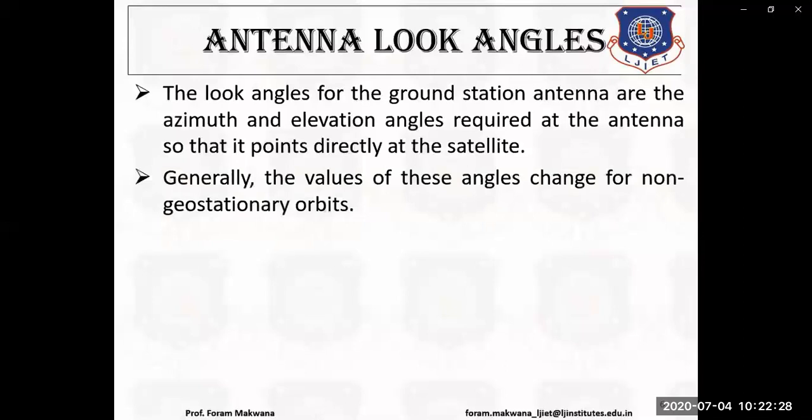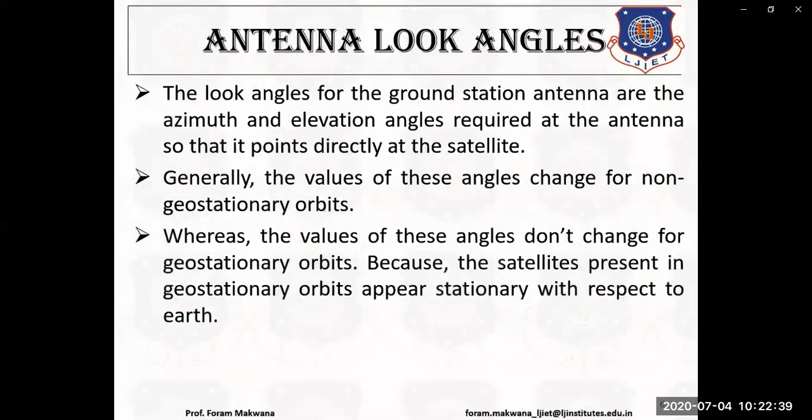The value of these two angles, azimuth angle and elevation angle, changes for the non-geostationary orbit. But the value of these two angles remains fixed. It doesn't change for geostationary orbit because the satellite present in geostationary orbit appears to be stationary with respect to the Earth.